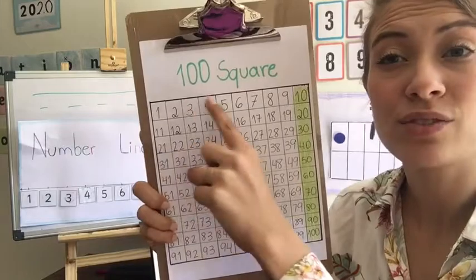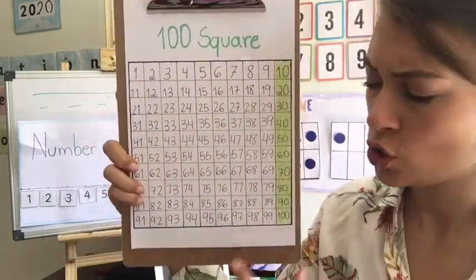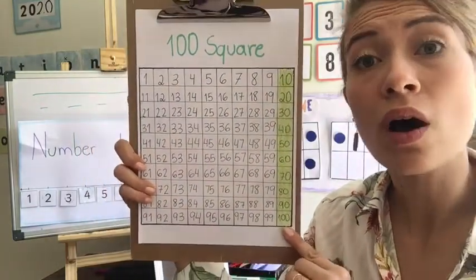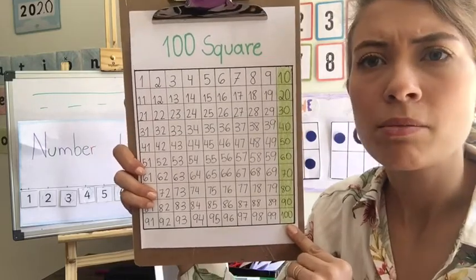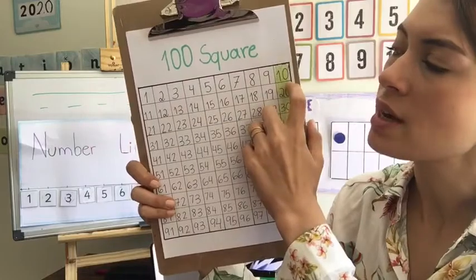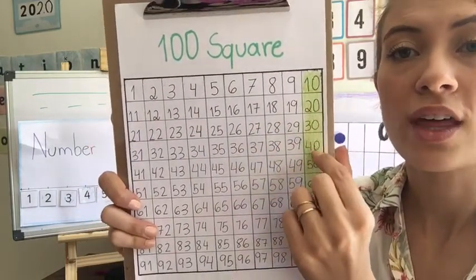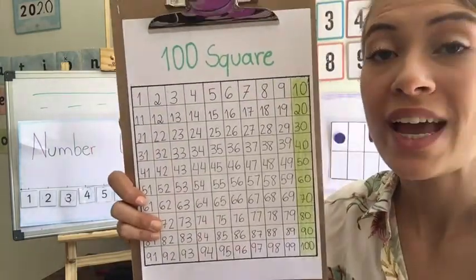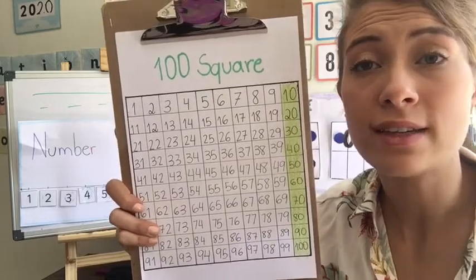Imagine if I have to count all of my 100 square to go up to 100. It's going to take a long time. And I don't need to, because what I can do is just count the end of this row over here, and it's going to be super easy and much faster.